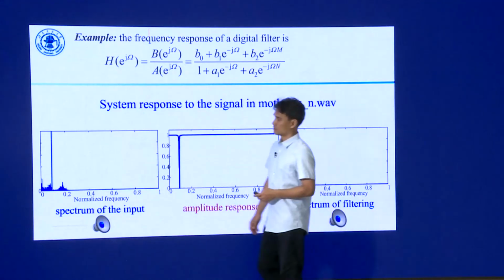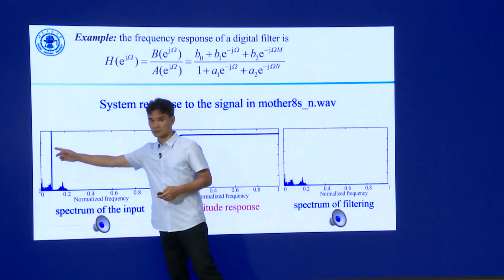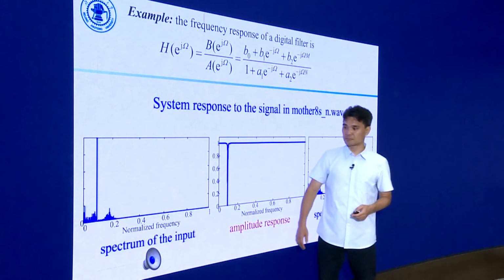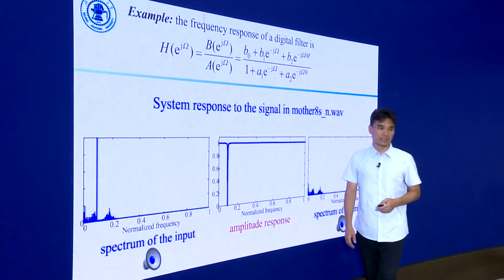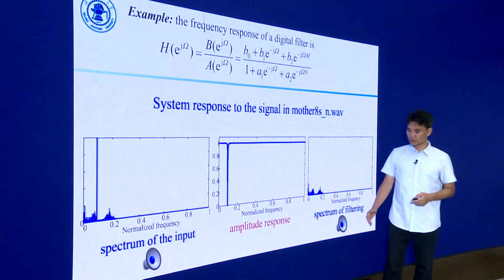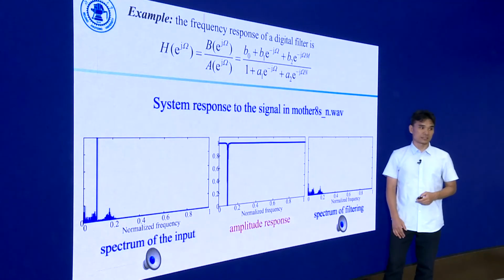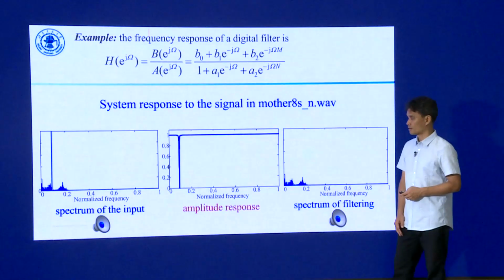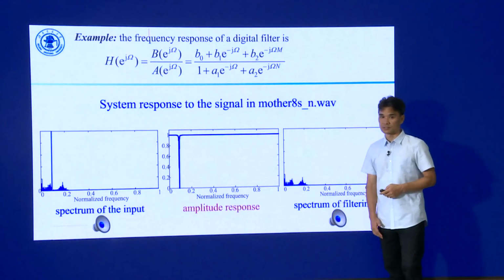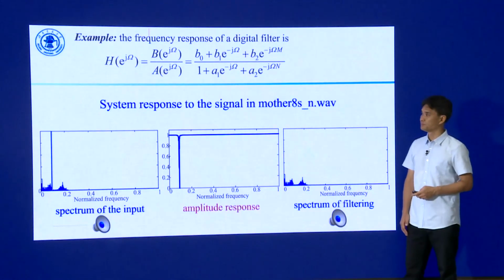The noise is identified as this spike, and that spike can be filtered out using this band stop filter. And here is the resulting signal. Apparently, the noise is removed.